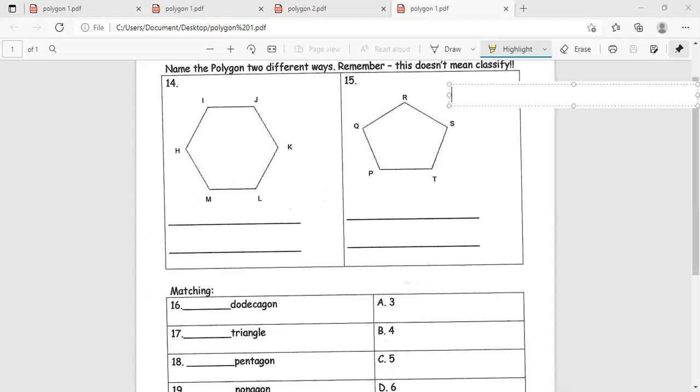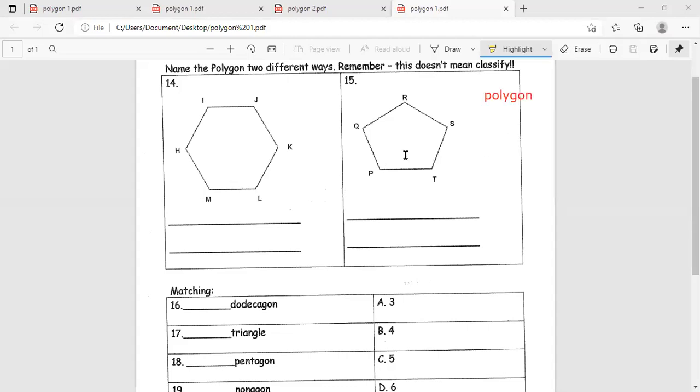So we said that we studied a polygon, and a polygon is a closed figure that consists of lines, and we can call polygons according to the number of their sides.